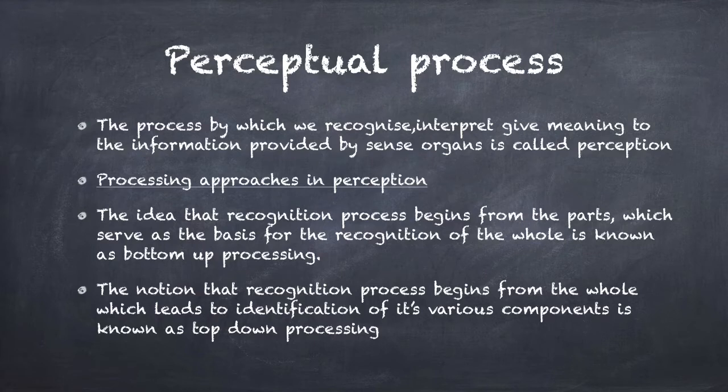So in top down processing, the focus is on the perceiver, how we are perceiving that particular object or thing. In bottom up processing, it mainly focuses on the features of the stimuli. So these are the two kinds of processing approaches in perception.